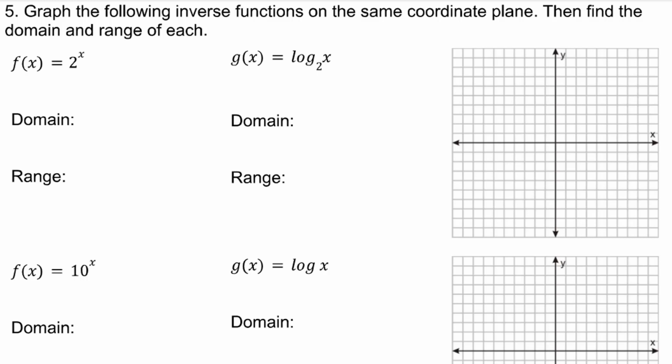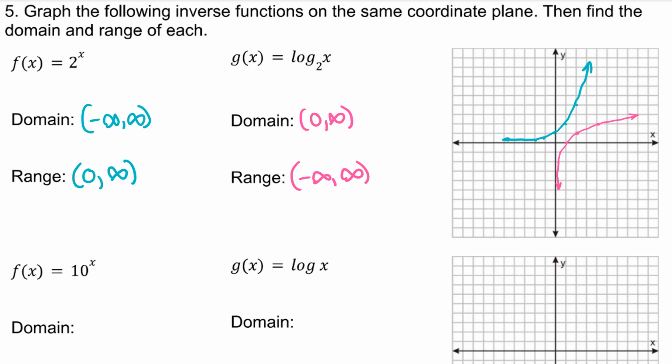Graph the following inverse functions on the same coordinate plane, then find the domain and range of each. We already graphed 2 to the x and log base 2 of x in the first example. Be sure your logarithmic graph does not cross the y-axis.